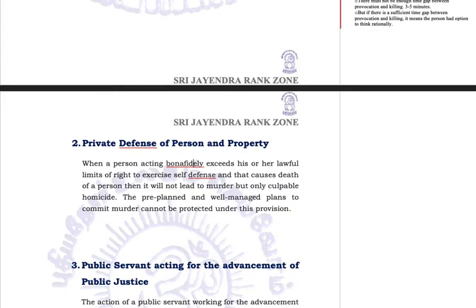You procure a gun, make a plan at what spot I will kill him, you make a call from a different number and call him somewhere. When you are doing something like this, it is ultimately going to be murder. Whatever exception you would like to claim, the law will not allow you any exception at all. But sometimes I'm trying to protect myself, like my car hits another car.